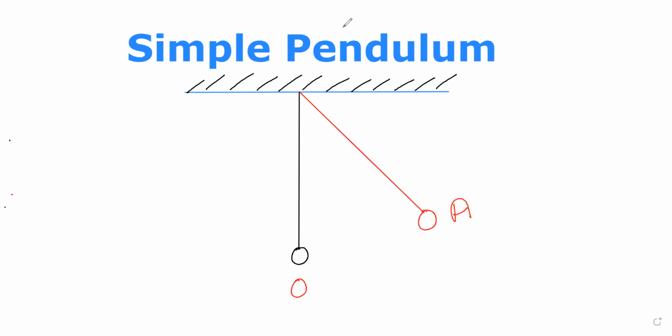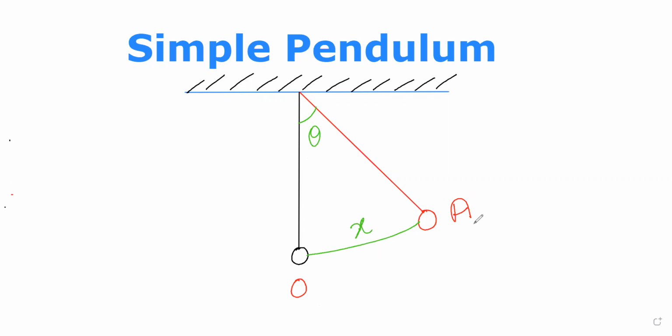Now we can consider this displacement, from here to here, as x, and the angle traced by the pendulum is taken as theta.